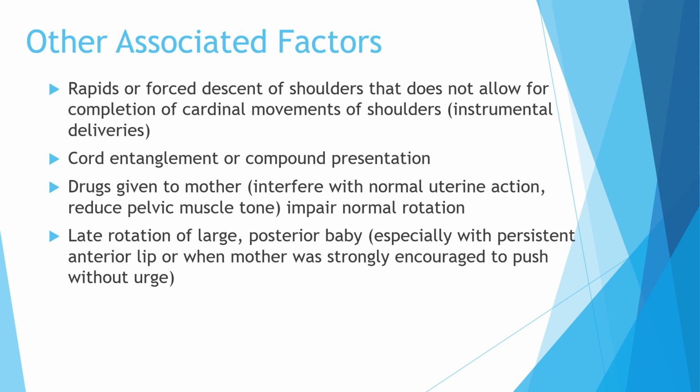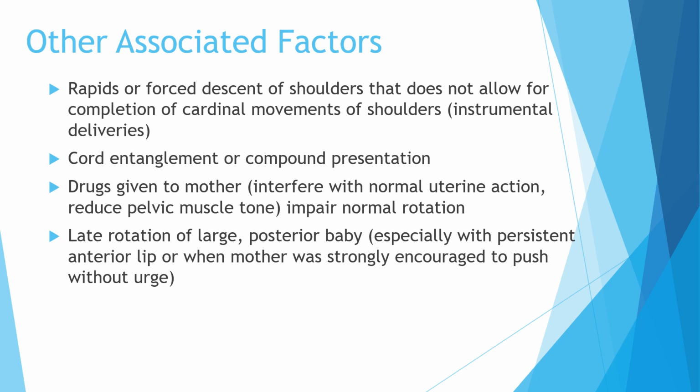Drugs that affect the uterus can impair normal rotation. So terbutaline is a medication in the hospital given to relax the uterus if there's a lot of contractions at once. Sometimes even Pitocin is given and the receptor sites get tired from the Pitocin, so they don't work as well.